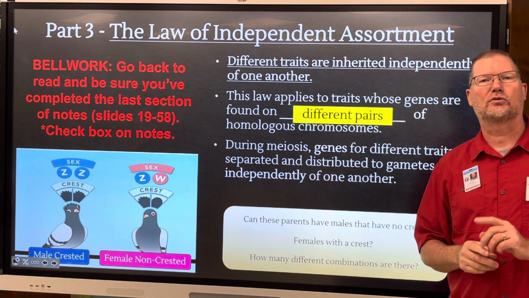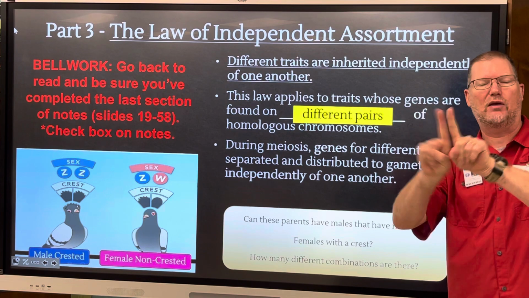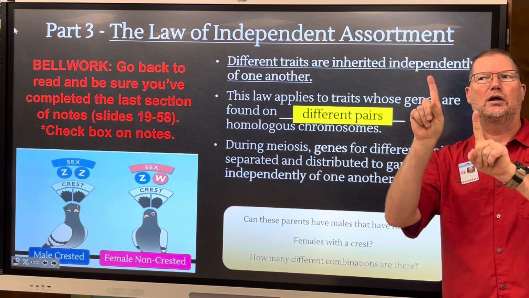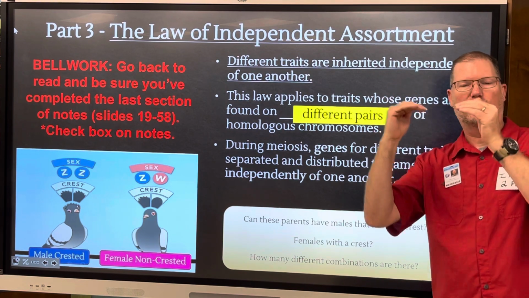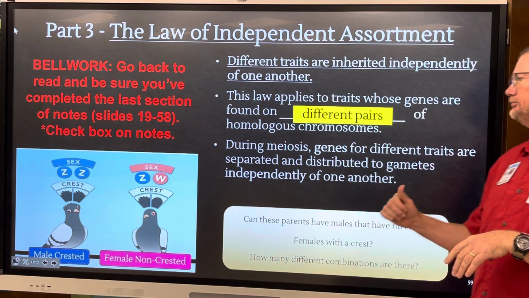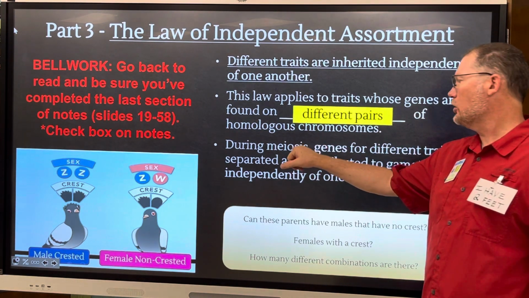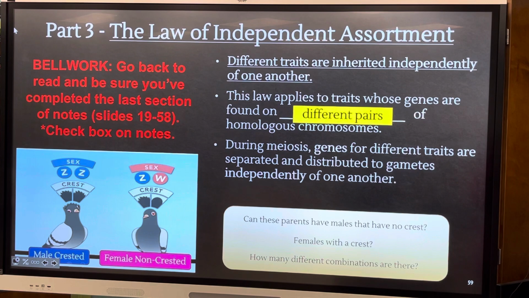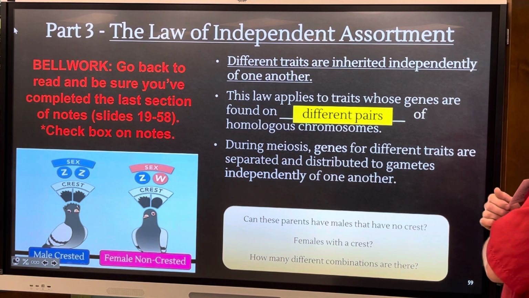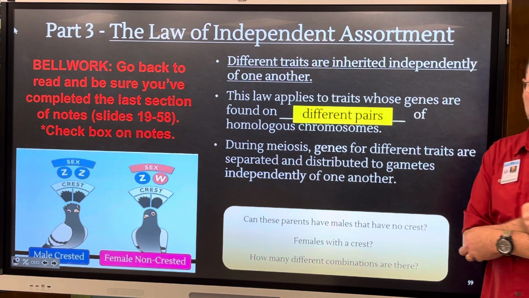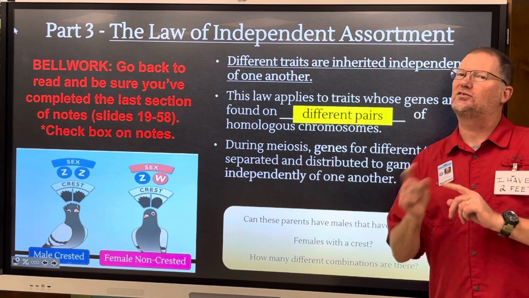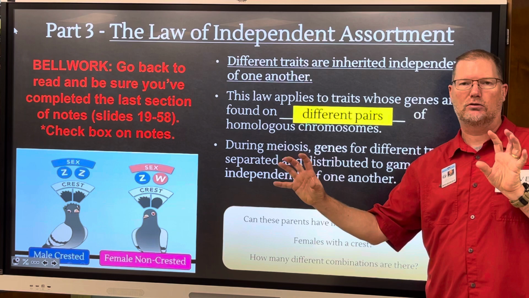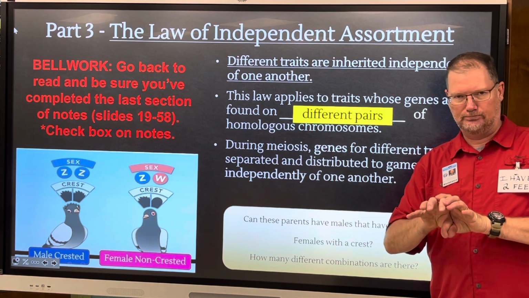Remember, the homologous chromosome is one from mom, one from dad, to give you your pair of chromosomes. Your two, and on those chromosomes are the different pairs of alleles, okay? And during meiosis, genes for different traits are separated and distributed to the gametes independently of one another. So this kind of goes into play with the second law of segregation and recombination.